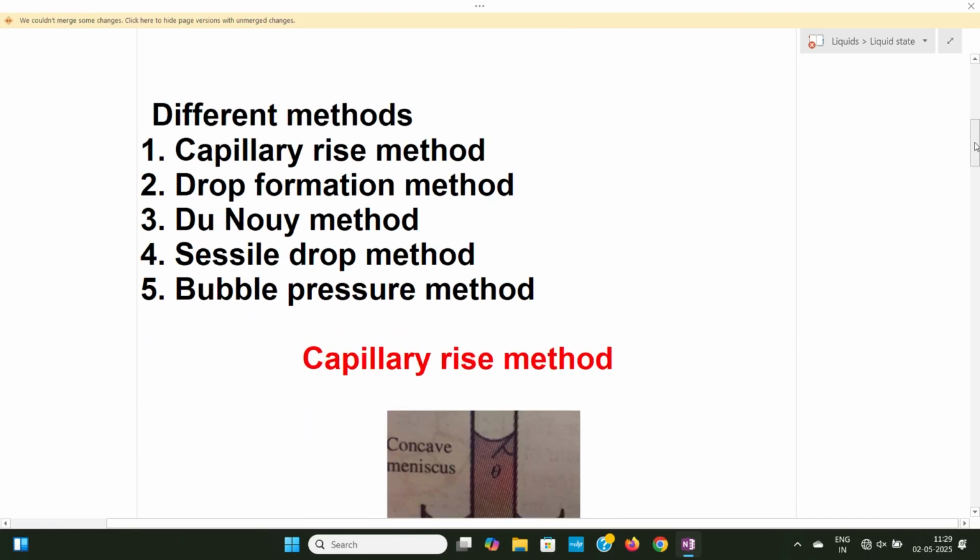Here we have different methods. First one is capillary rise method, second one is drop formation method, then third one is Douinois method, fourth one is sessile drop method, and finally bubble pressure method. Here we discuss the determination of surface tension by capillary rise method.